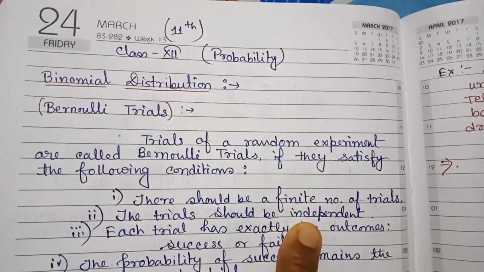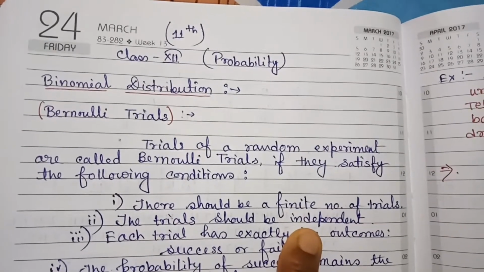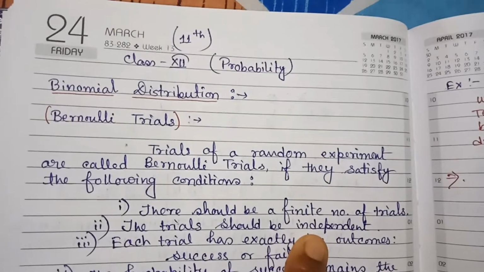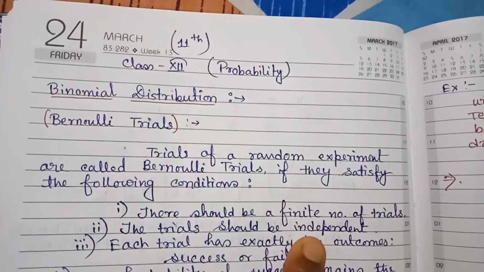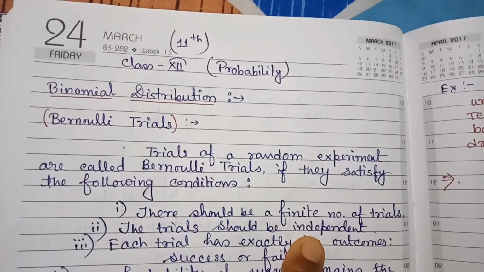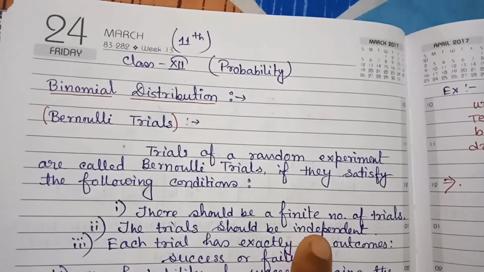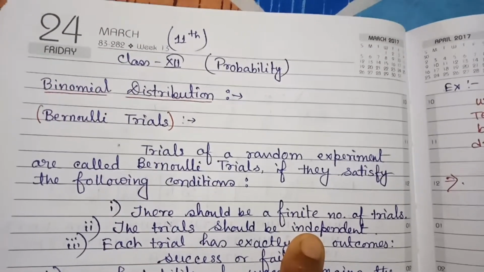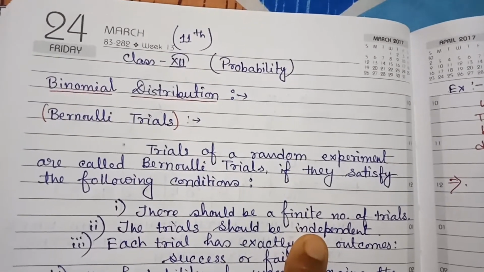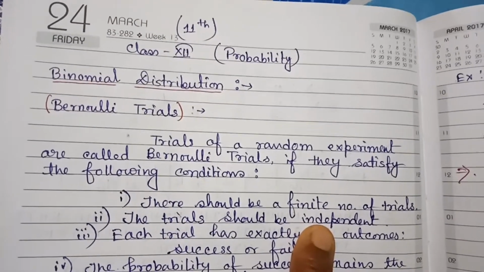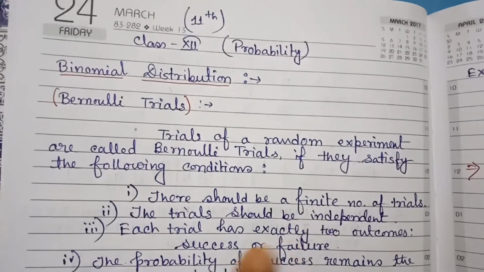Independent means each trial will have its own outcome and no trial's outcome will be affected by any other trial. We all know about independent events. If you want to check it again, you can go to my previous videos. Links will be given in the description box.